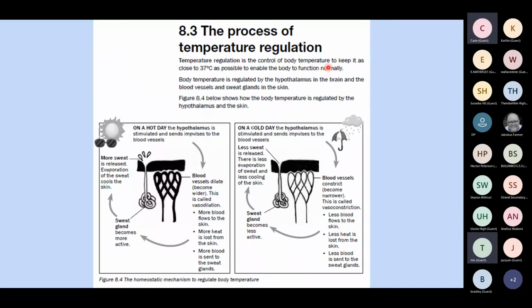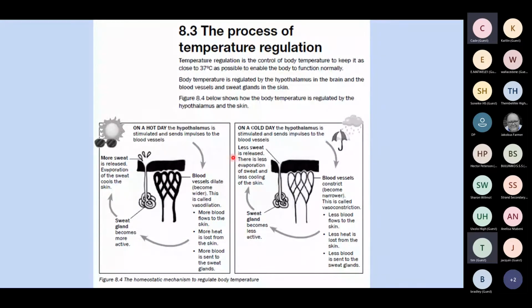You must keep it at close to or at 37 degrees. So your body temperature is regulated. Now I want you to highlight this, grade 12s. Your body temperature is regulated by your hypothalamus. And you must study the structure using this diagram, the structure of the skin.